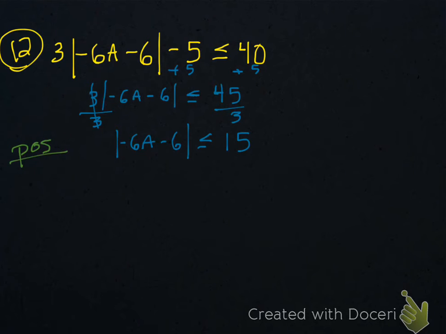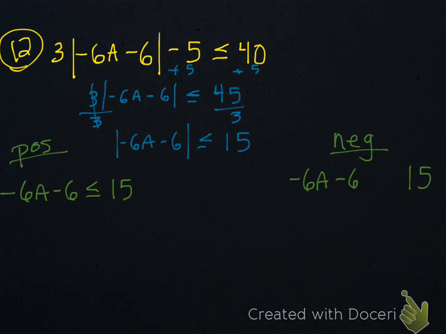Now we can do our positive case and our negative case. Positive case, we write it exactly how we see it. Negative case, what are we going to do? Yep, you got it. Same old, change direction and change the sign.